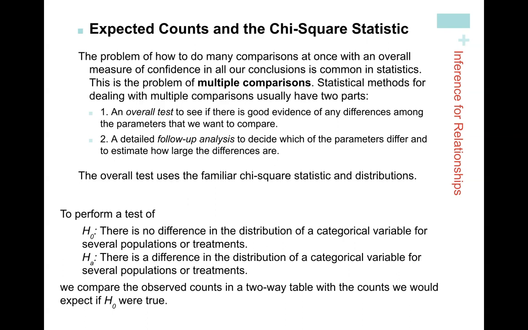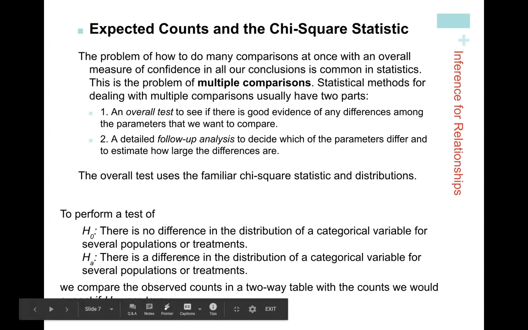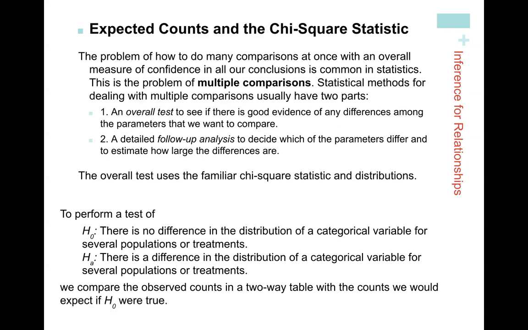So what's the overall test? The overall test is called the chi-square test of homogeneity. Your null hypothesis in words, and this is not how you're going to write your null and alternative, is to explain what the null and alternative are saying, so you understand conceptually what they really are.